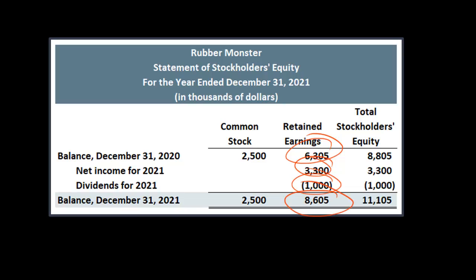That's how we get to here. So we've got two accounts, common stock and retained earnings, and now you know why they changed. The common stock account remained constant. The retained earnings account went up because they had some net income. It went down a little bit because of the dividends, but there was more net income than dividends, so the net effect is that retained earnings increased.